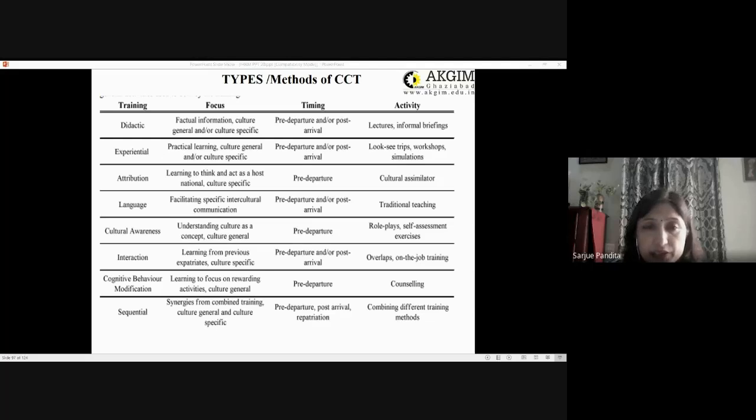Then interaction training is based basically on interaction between new expatriates and expatriates with more experience of the local culture. What does it help in? It helps in getting an idea of where you will be stuck, what challenges you might face, because you are interacting. This is different from language training. This is interaction training.